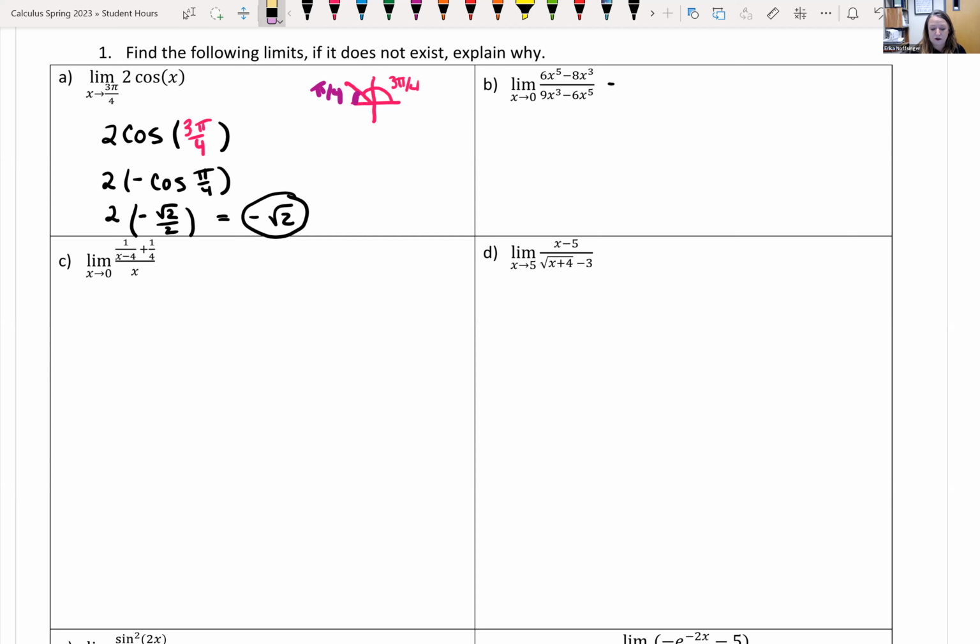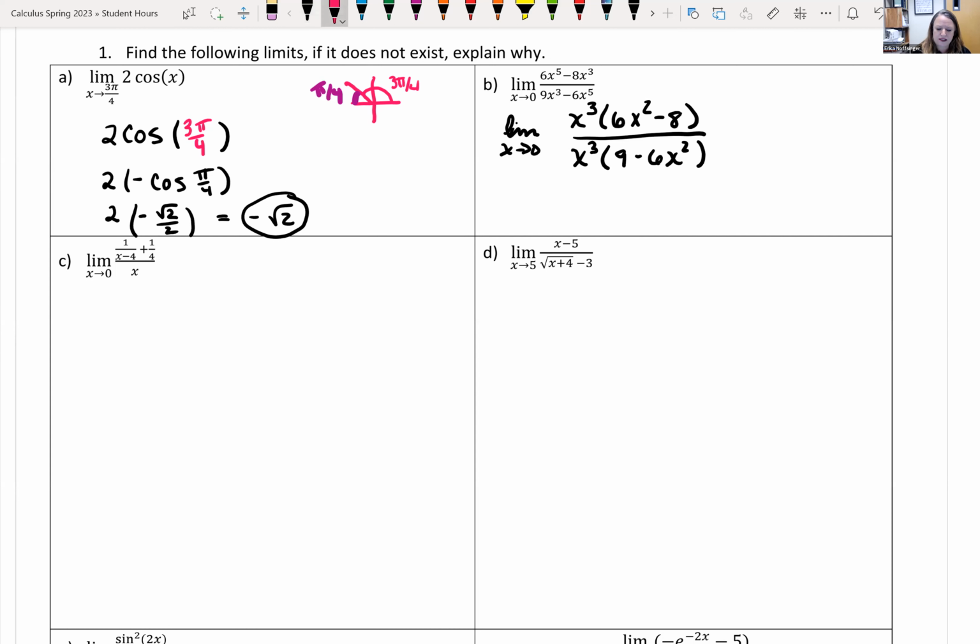If possible, factor it. And in this case, we can factor. Notice in the numerator, we can pull out an x cubed from both of those terms, and we get back 6x squared minus 8. In the denominator, 9x cubed minus 6x to the 5th also has an x cubed in common that we can factor out, which gives us back 9 minus 6x squared.